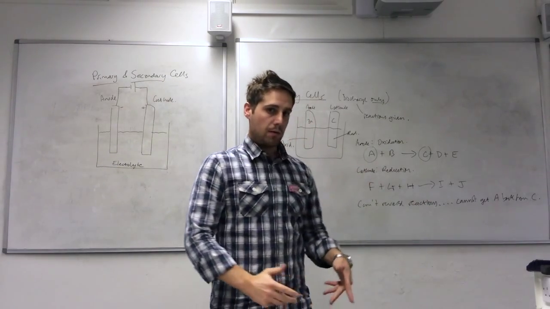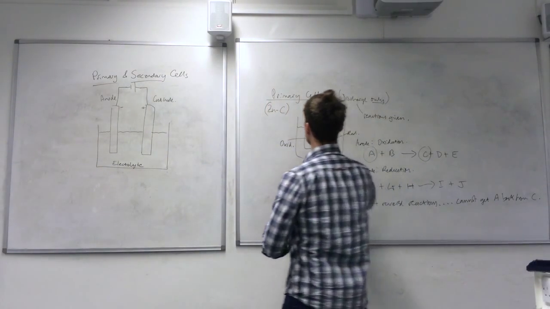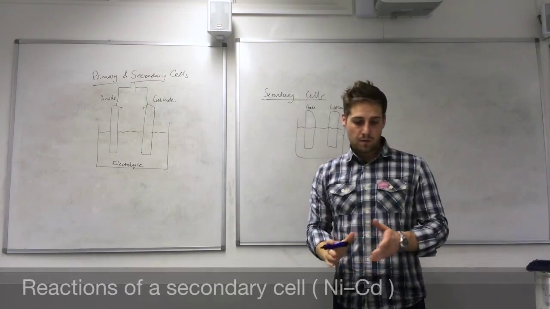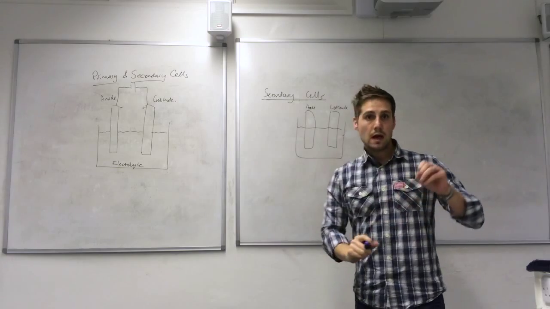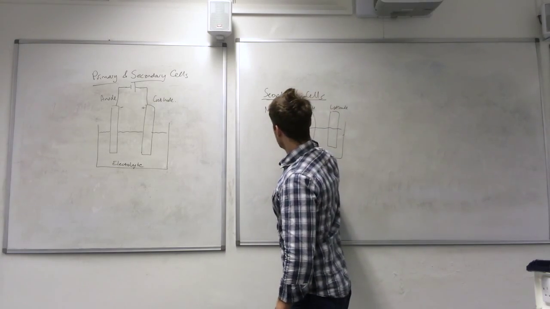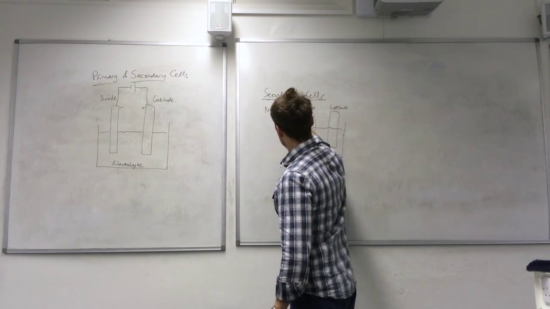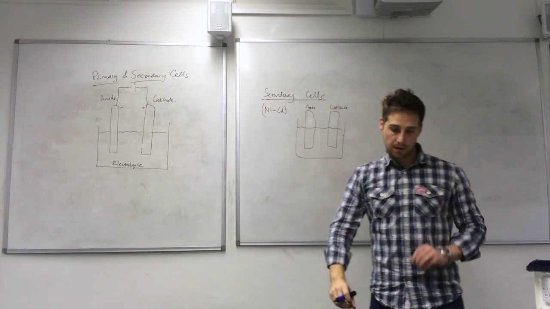Now I'll rub this off and we'll look at secondary cells. Okay, secondary cells then. This is the example for the secondary cell, and the example we're using is a nickel cadmium cell for the preliminary task.